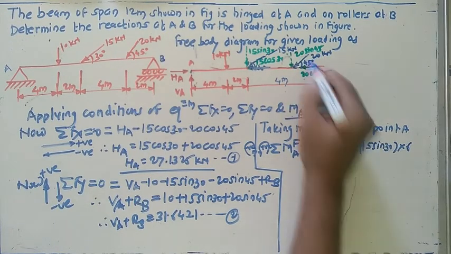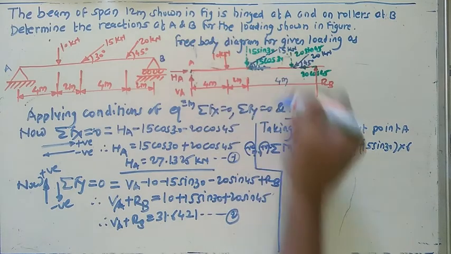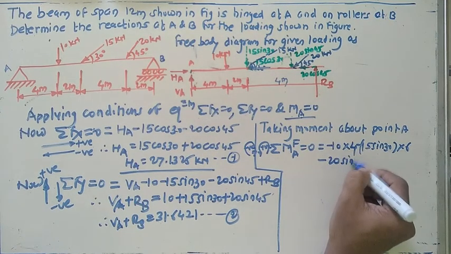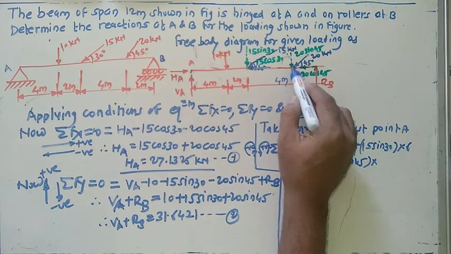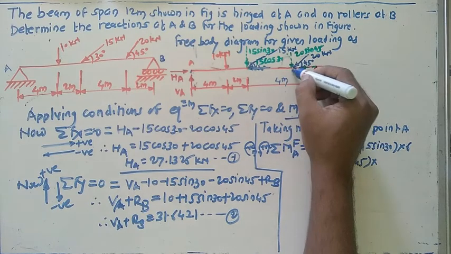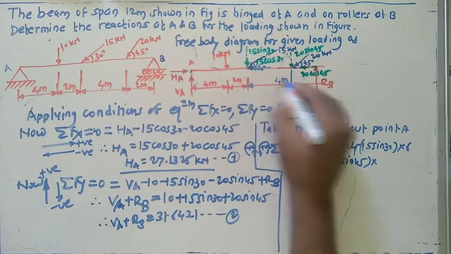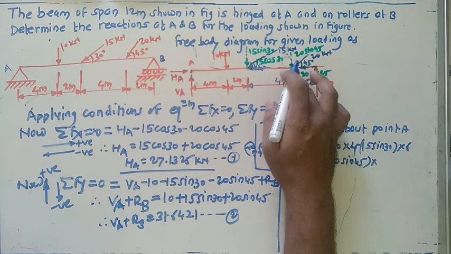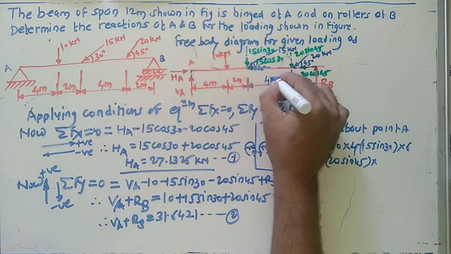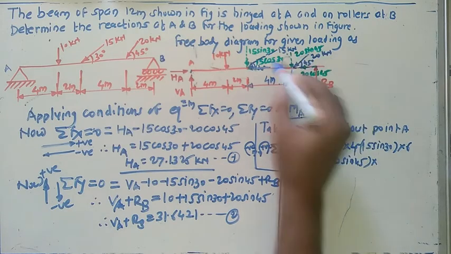Next one is 20 sin of 45, and its tendency to turn about this point is in the clockwise direction. 20 sin of 45 multiplied by the distance.